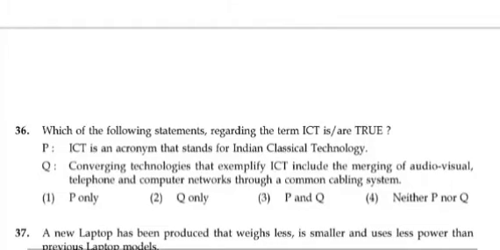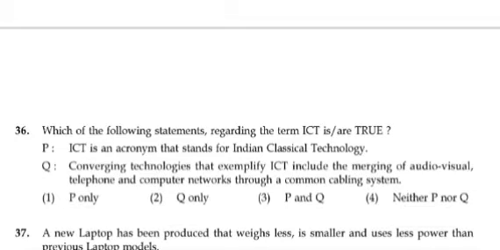Then 36, which of the following statements regarding ICT, information and communication technology, is/are true? P: ICT is an acronym that stands for Indian Classical Technology. This is wrong because I have already told you the correct full form.